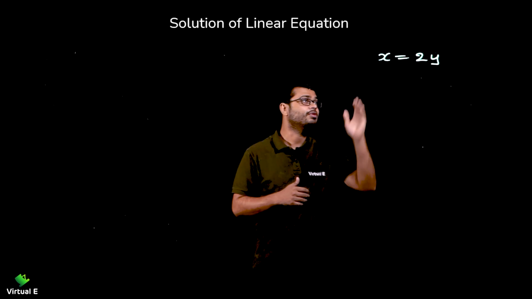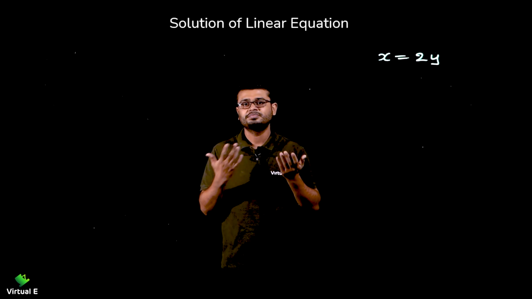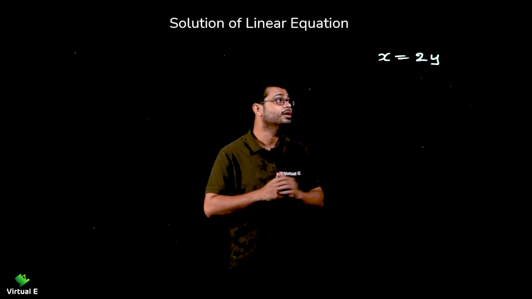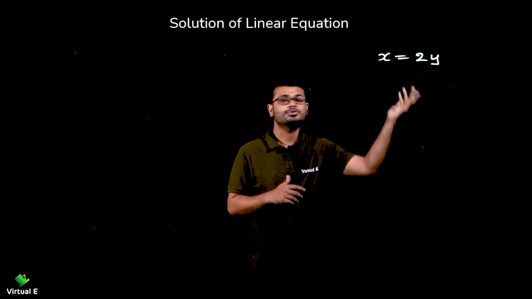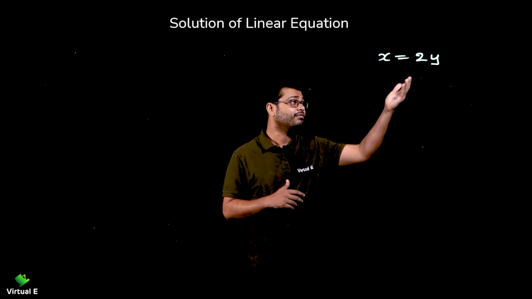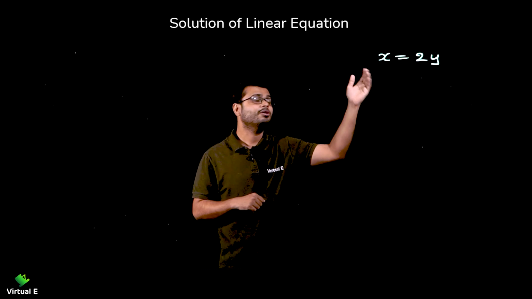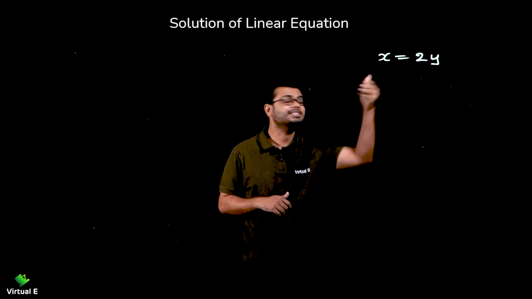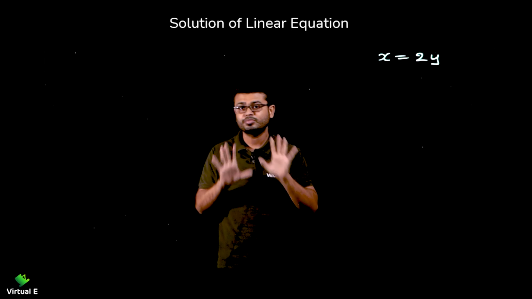x is equal to 2y. Here we are not supposed to make anything the subject because it's ready-made, right? x is equal to 2y. You take the value of y. Now here you can also do it like this, that y is equal to x by 2. That's up to you, right?